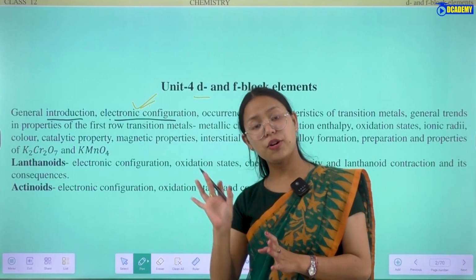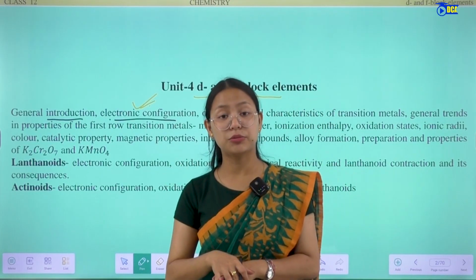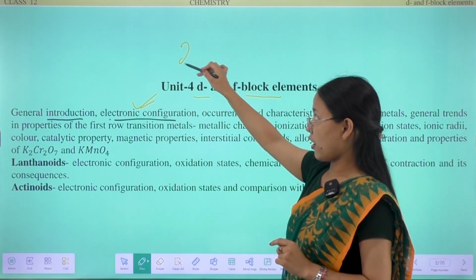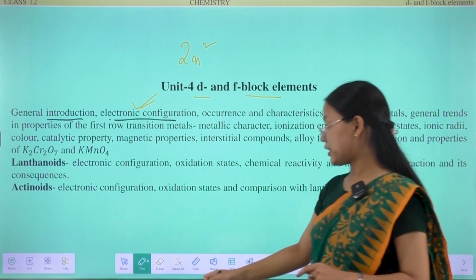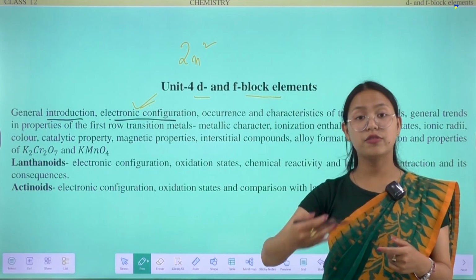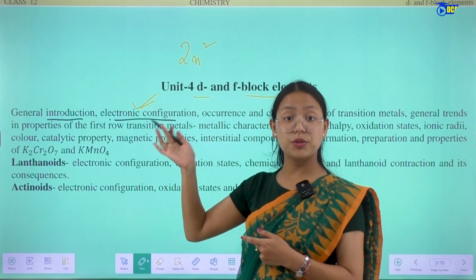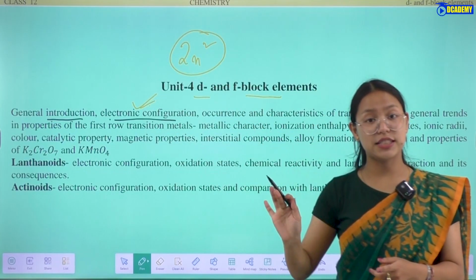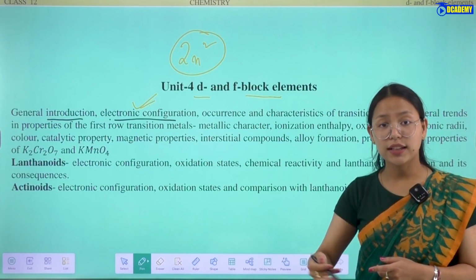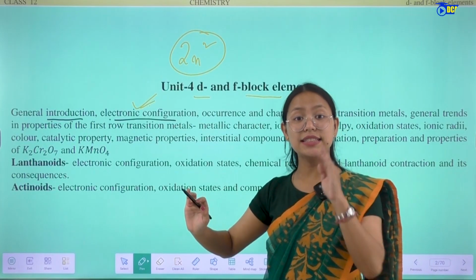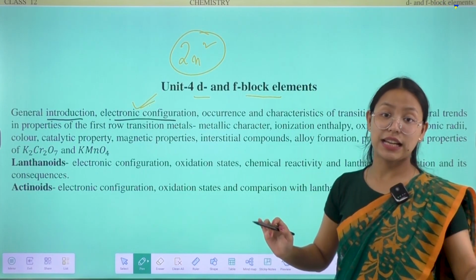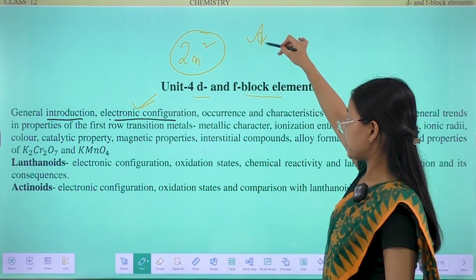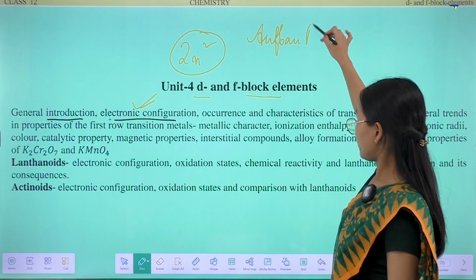In class 9 and 10 you learned about the K shell, L shell, M shell, and N shell, with the maximum number of electrons given by 2n square. Then we write the electronic configuration according to the principles we have already studied in class 11.